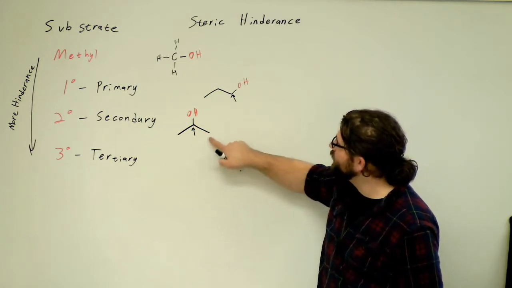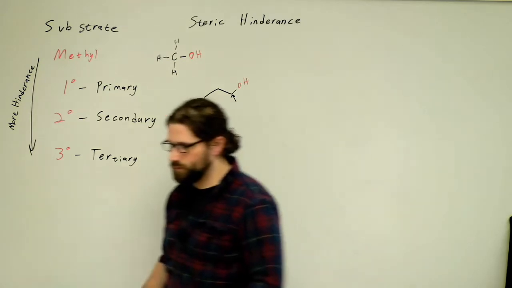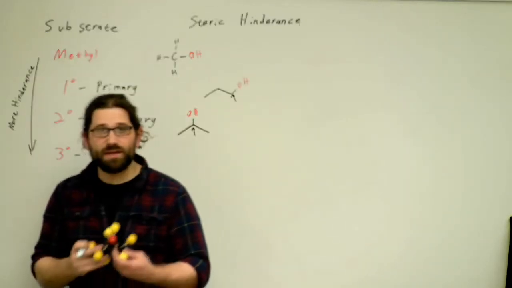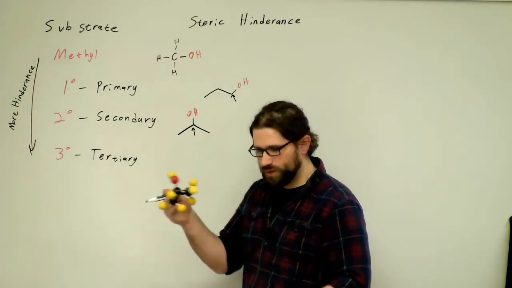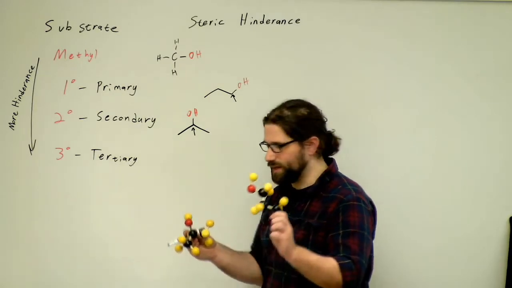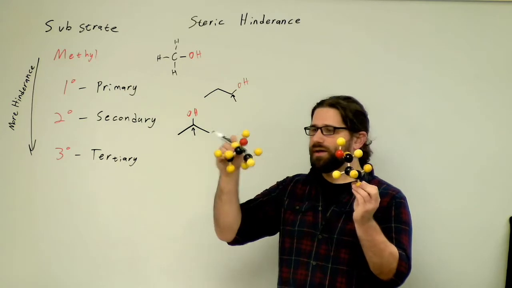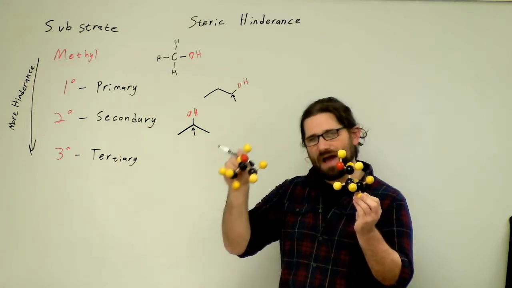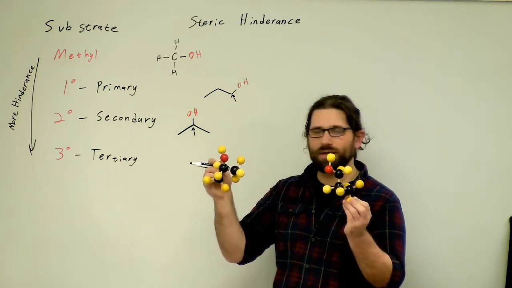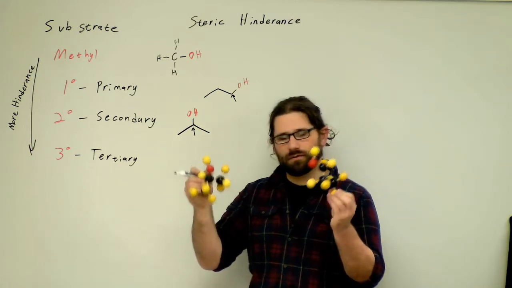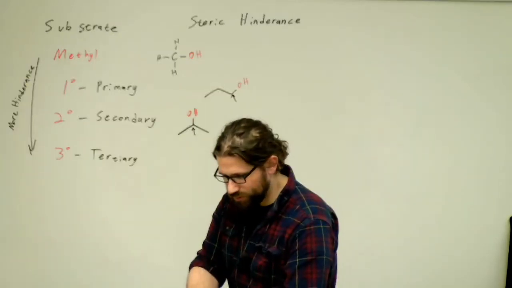It's being guarded from this side and this side. So I can see that in this molecule. Nice and simple. I can see that this model has more defense around that oxygen atom. It is harder to get in there. Okay? So it's more steric hindrance.